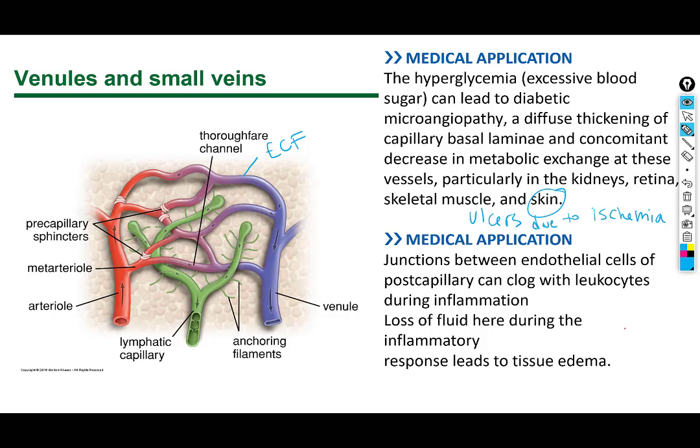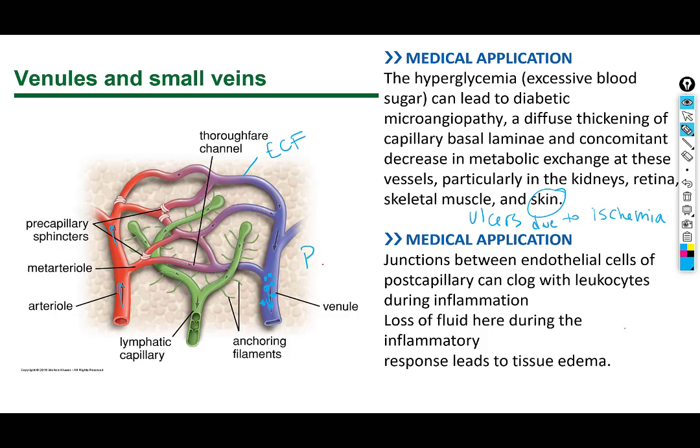So here's what I mean. Let's imagine blood is flowing this way, right? And as long as the input equals the output, you get steady pressure. But what would happen if you put a bunch of white blood cells in this post-capillary venule?